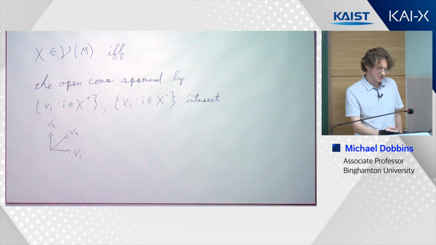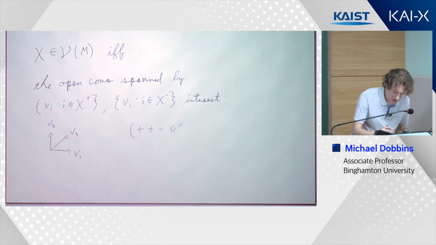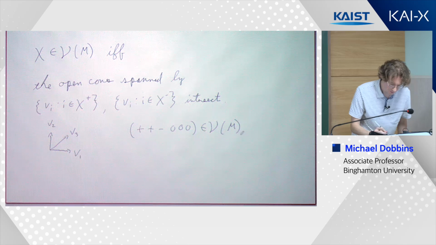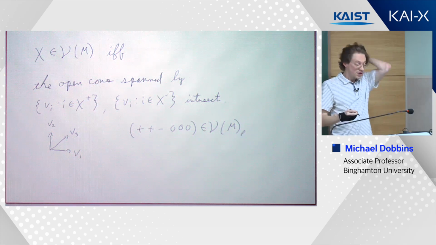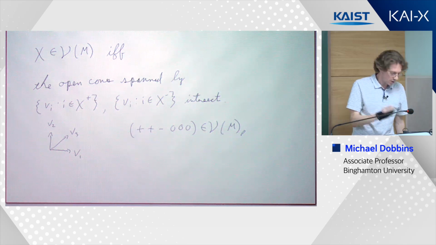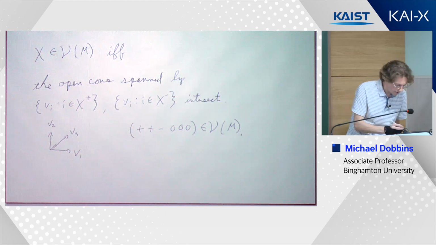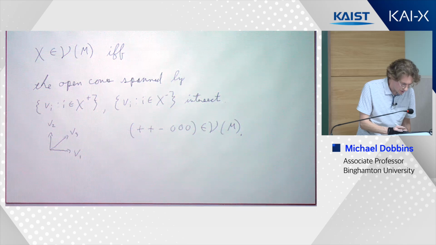Then their open cones intersect, which corresponds to the vector plus plus minus 0, 0, 0 that was one of my vectors in M. So then we can consider the problem of from this information, how could we tell whether one of the vectors is 0?